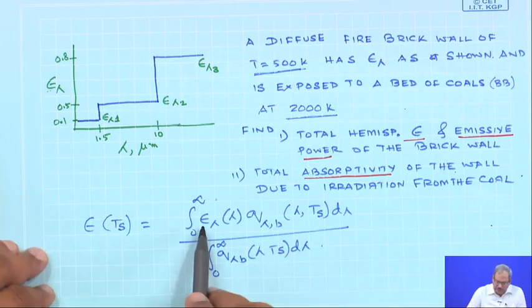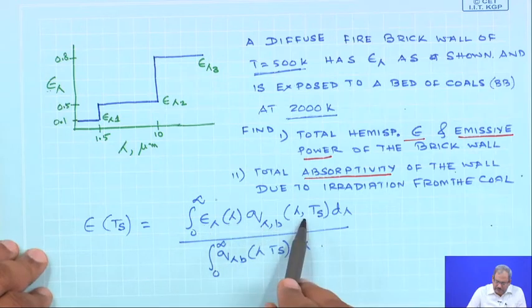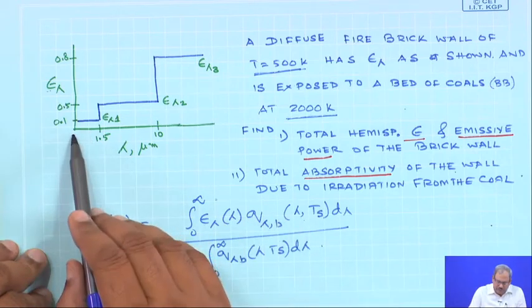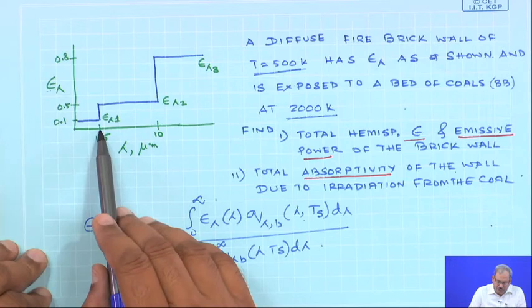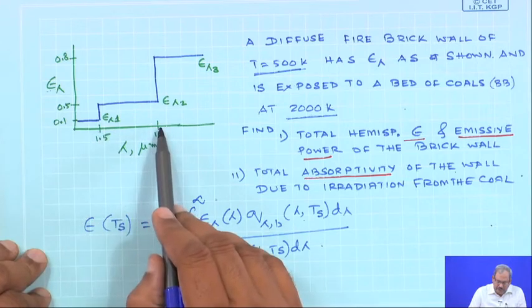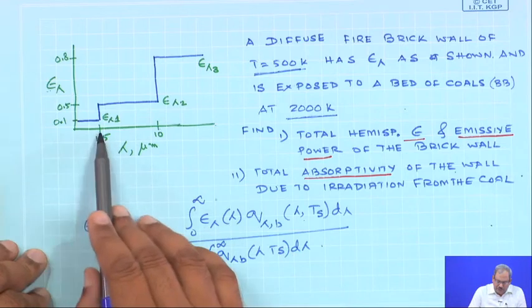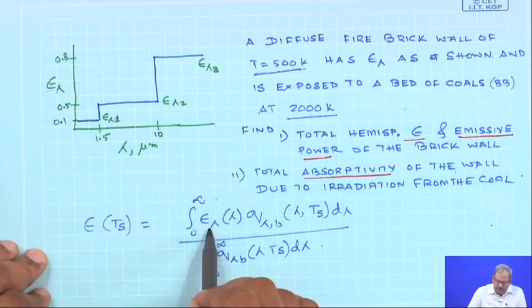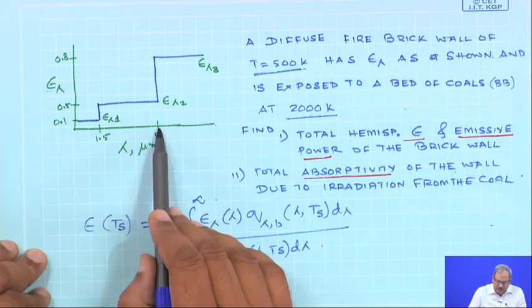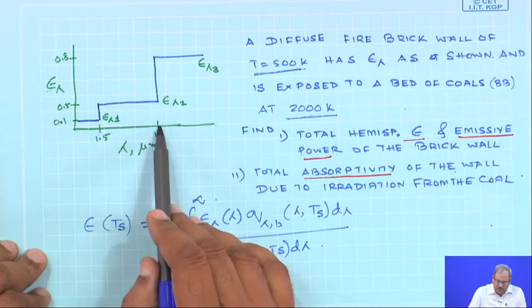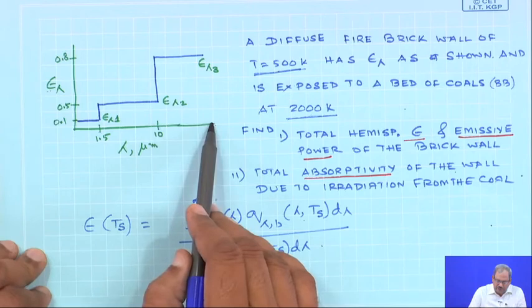So, this part is known, but I can break the numerator into 3 parts: from 0 to 1.5, from 1.5 to 10 and from 10 to infinity, because between 0 and 1.5 the value of epsilon lambda is known and is a constant, between 1.5 and 10 it is also known, and between 10 and infinity it is also known to us.